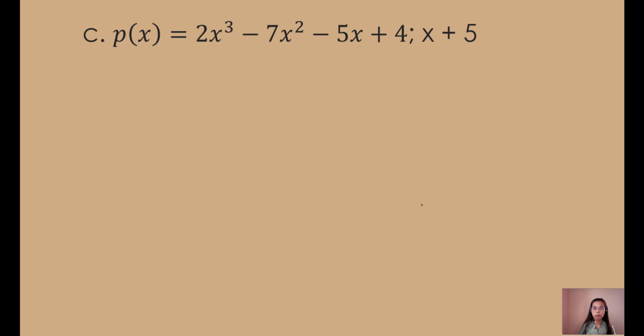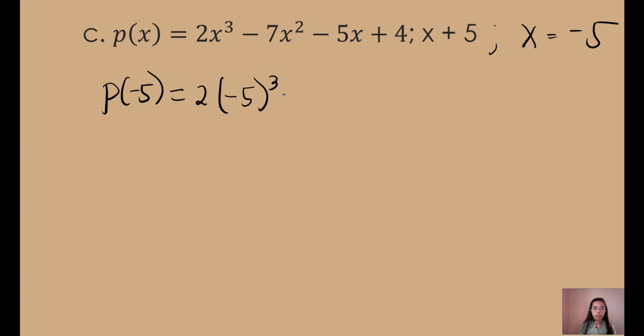So, sa last example, we have the given x plus 5 as a divisor. So, we have x is equal to negative 5. Substitute natin, we have P of negative 5 equals 2 times negative 5 cubed minus 7 times negative 5 squared minus 5 times negative 5 plus 4.